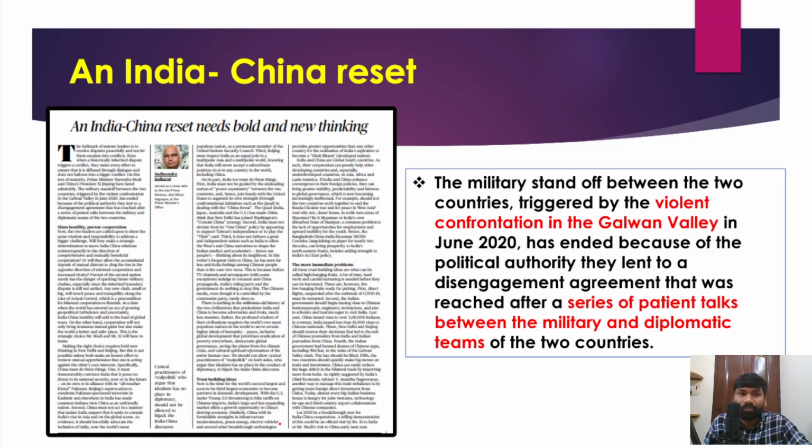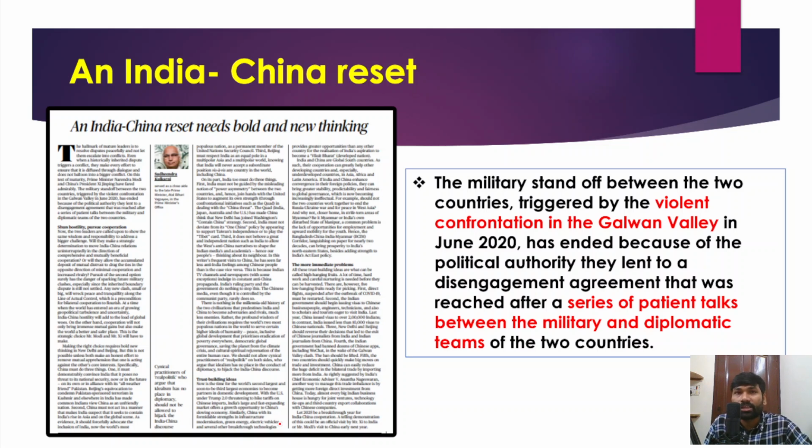Therefore, recently a series of disengagement talks have been taking place between India and China. According to scholars, these disengagement talks and high level official meetings between the two countries are to some extent successful in disengagement of forces on either side of the line of actual control.